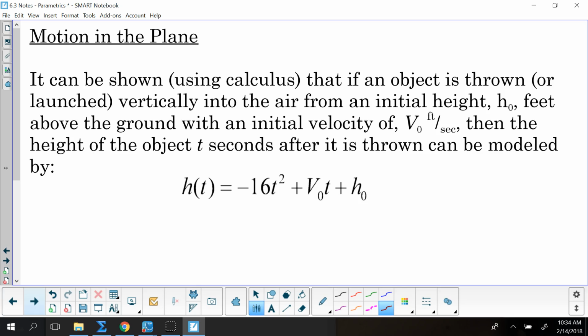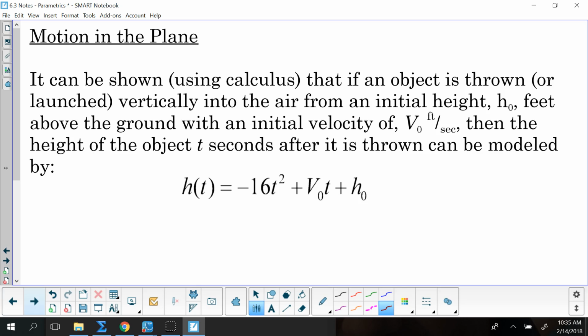If you do it here at Wausau West, you will actually do it next year in AP Calc. Okay? If you are moving on to someplace else, you will probably do it in a calculus class if you choose to take one down the road. Okay? There are 3 components to a vertical motion function. Okay?